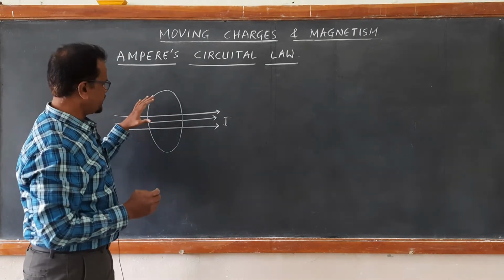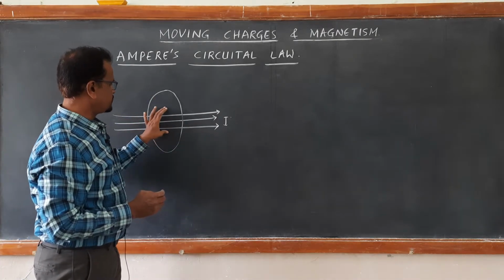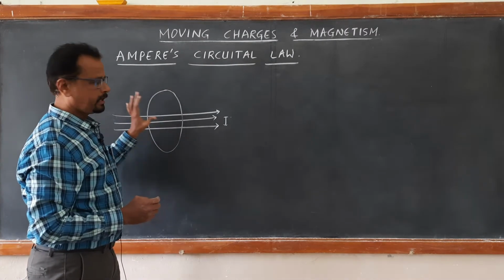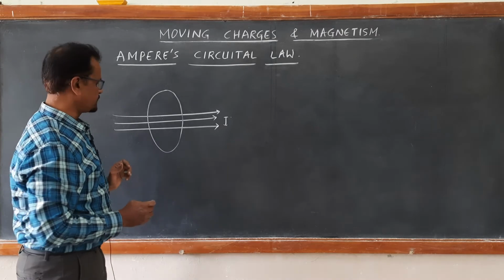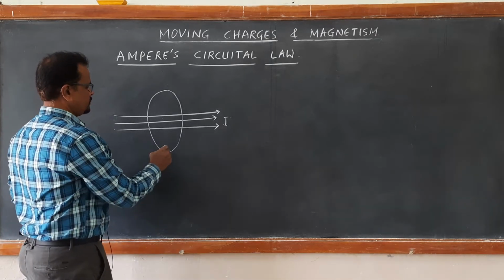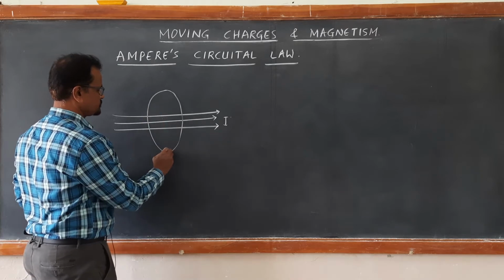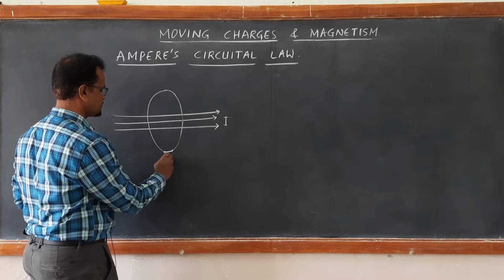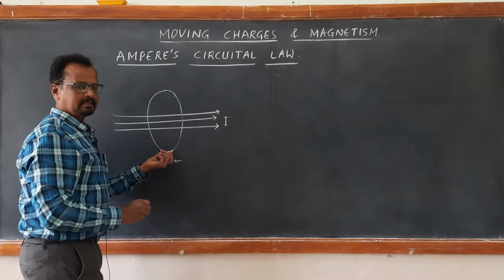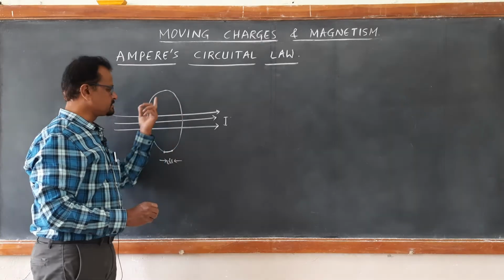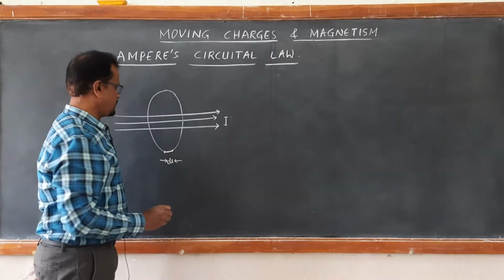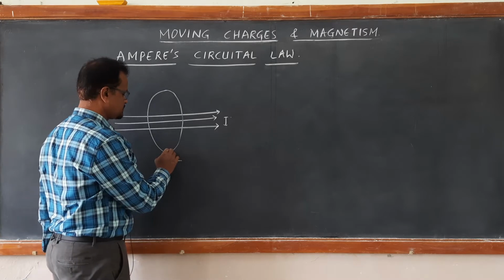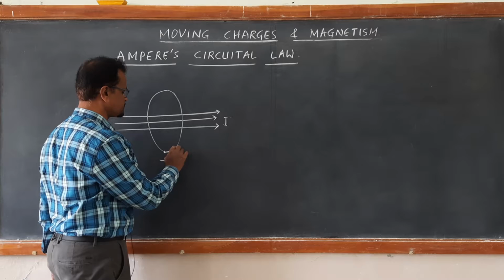Suppose there is an enclosed surface with an open area, a closed boundary with an open area, and we want to apply Ampere circuital law. So, here it says if you choose any small element dl of this size, a small element of the imaginary loop, and if you calculate the magnetic field here, in such cases the magnetic field will usually be tangential.